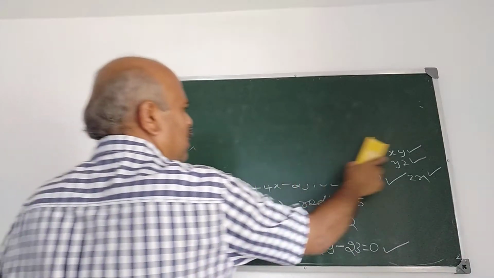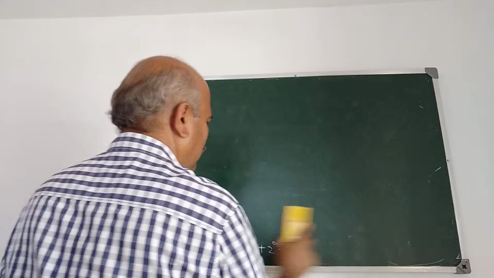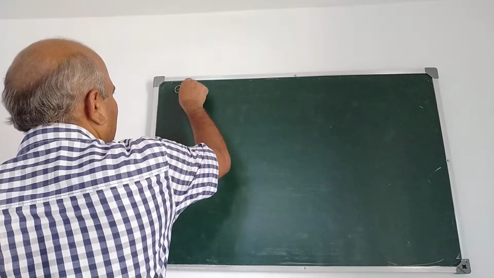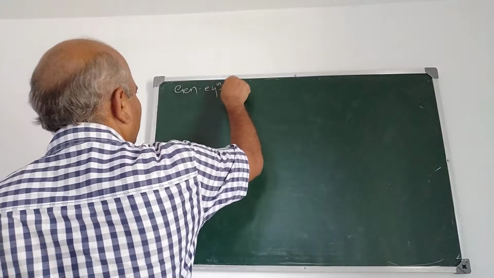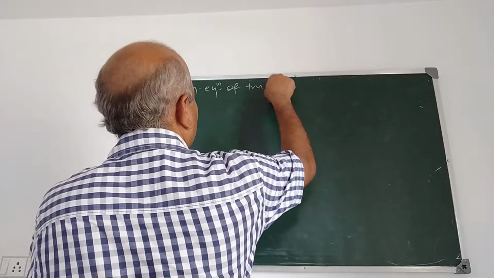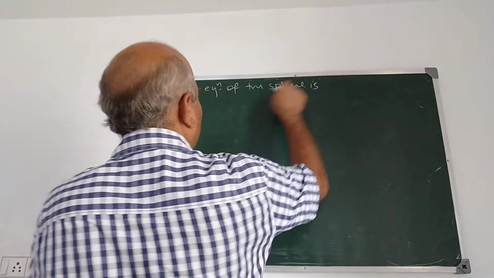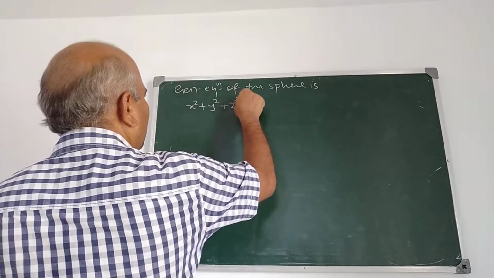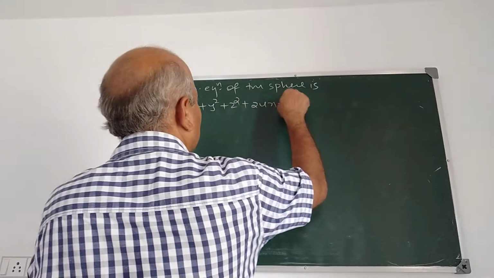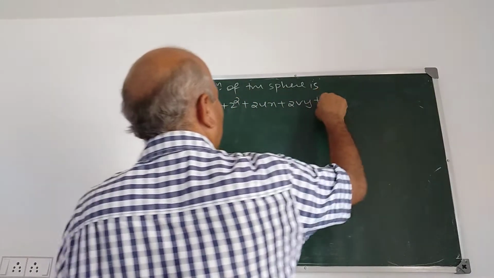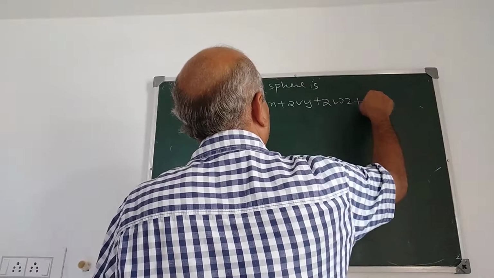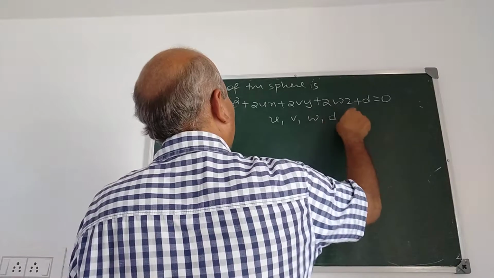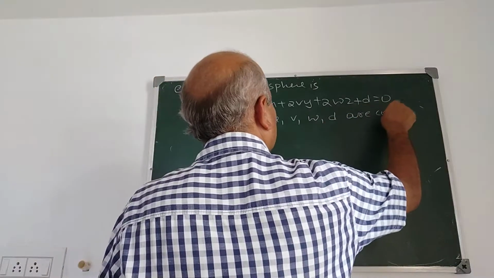Converse means, first we prove that the general equation of the sphere is x² + y² + z² + 2ux + 2vy + 2wz + d = 0. Here the important thing is u, v, w, d are constants.